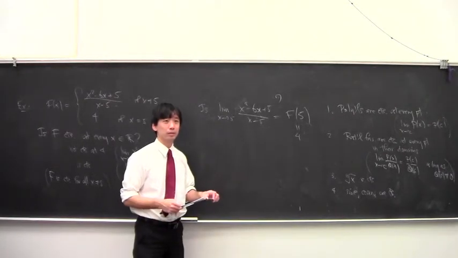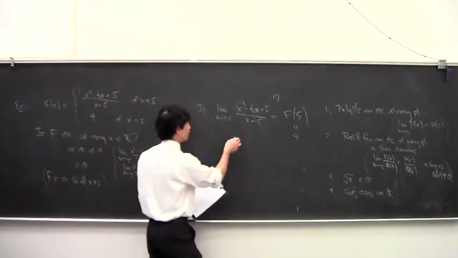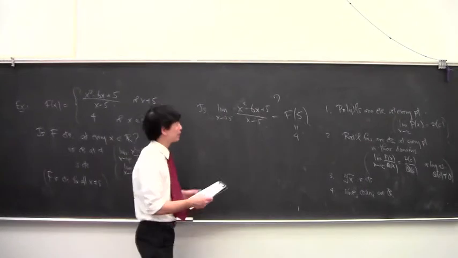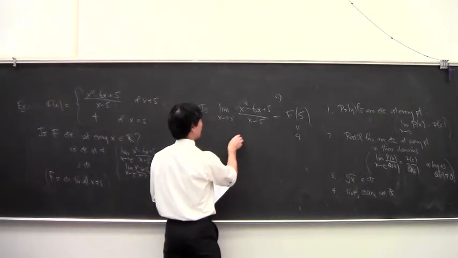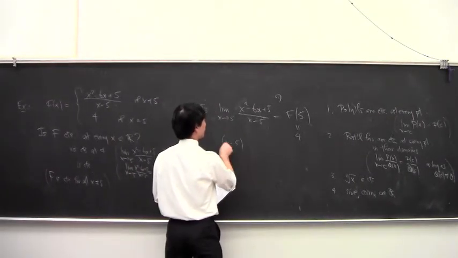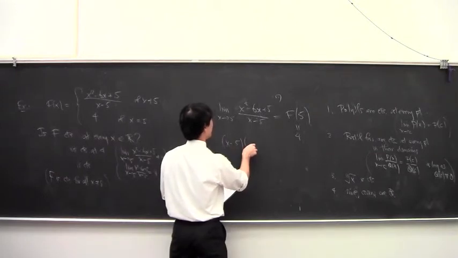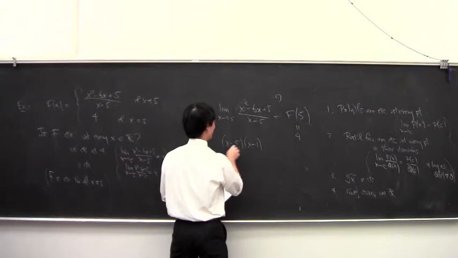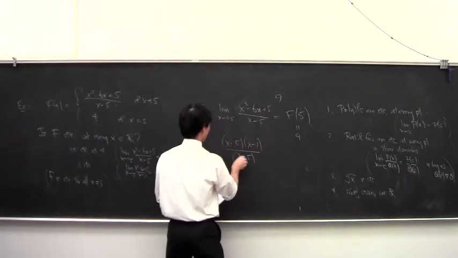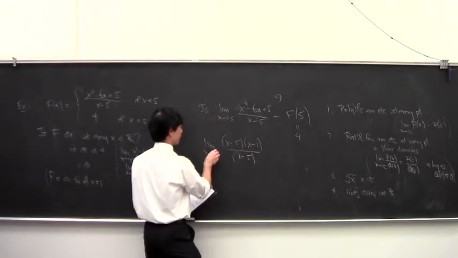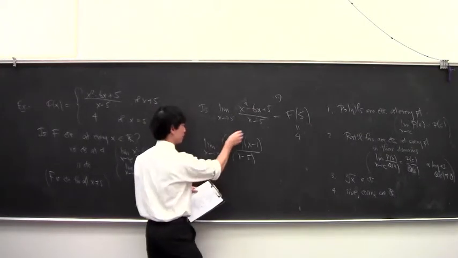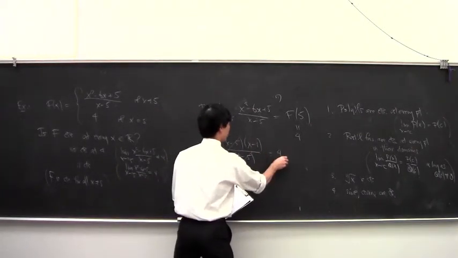Yes, it turns out to be. Victor, you must have made some calculation error. Yes, I did. Good. So you get x minus 5 over x minus 1, and as x goes to 5 this is just going to be 4.